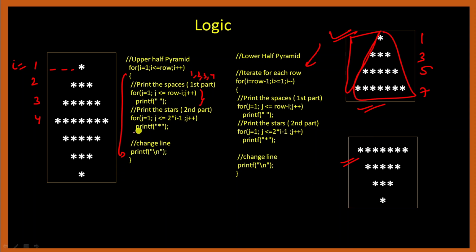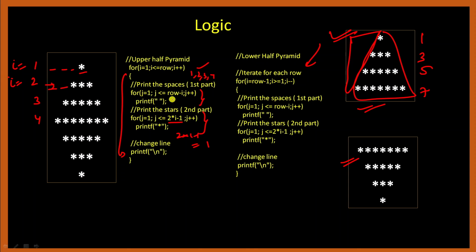Now after printing this we have to print 1 star. For i equal to 1, how many times will it run? 2 into 1 minus 1, that is 1, so 1 star will print. Now I will change the line. Now I come to i equal to 2, and I have to print 2 stars.